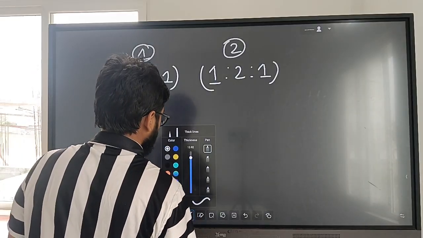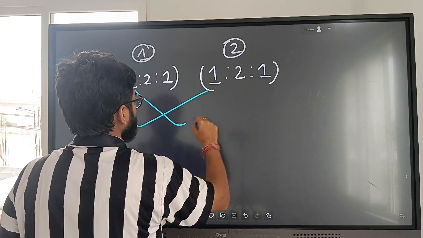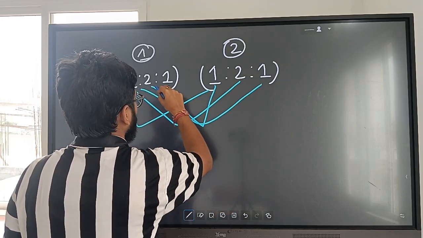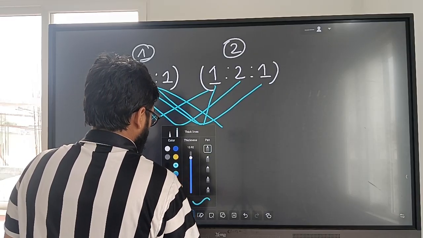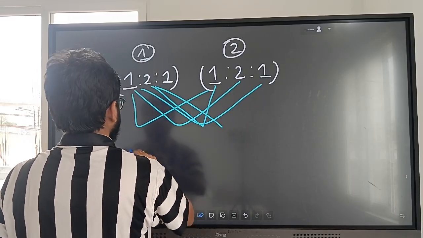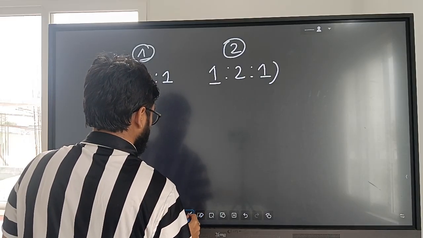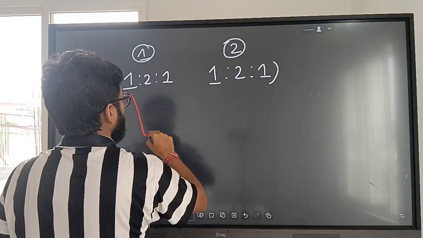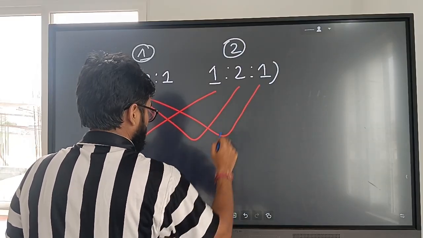So we can simply show it in this way also, so that it does not get confusing.